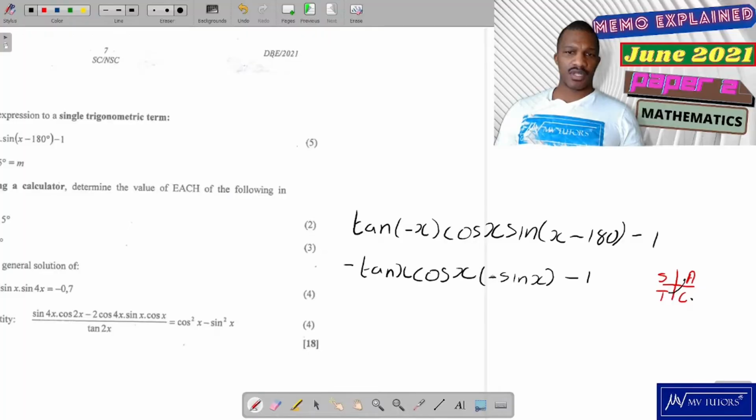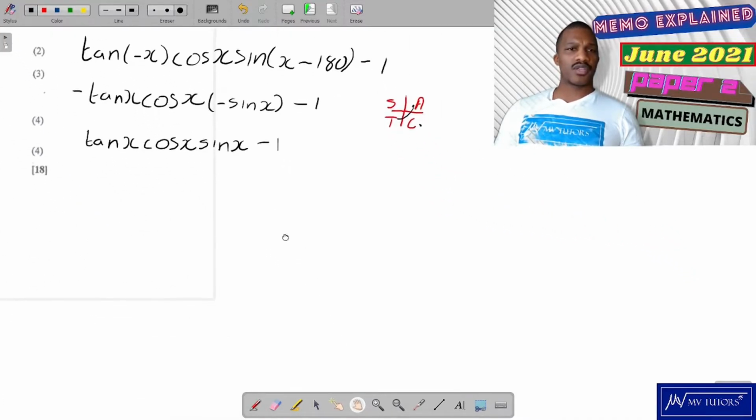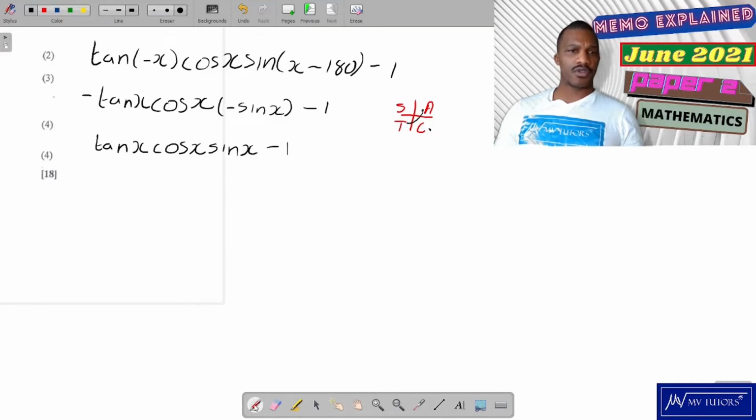Okay, so this negative and that negative gives us a positive, so we're gonna have a tan x, which is gonna be positive, and cos x and sine x minus 1. So we want to make sure that we simplify this further.